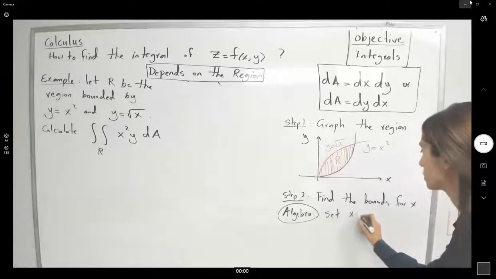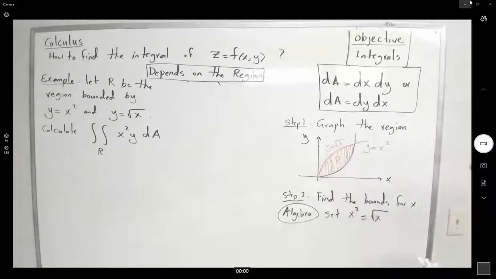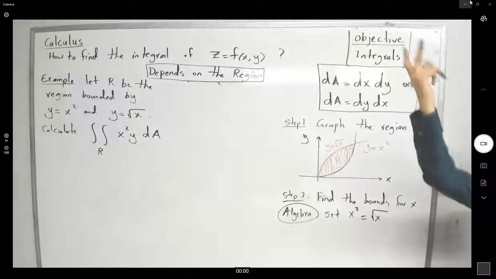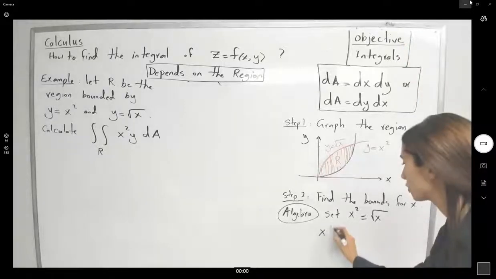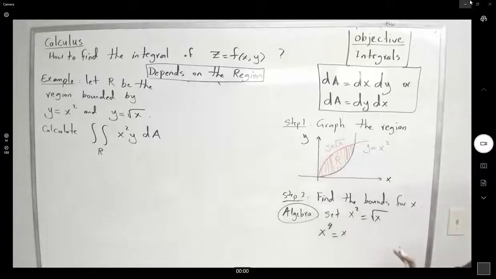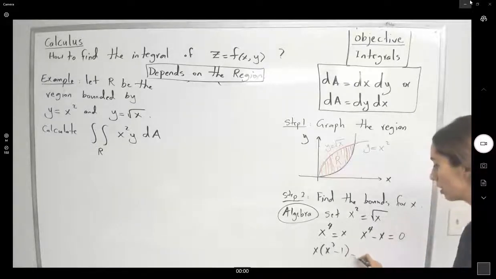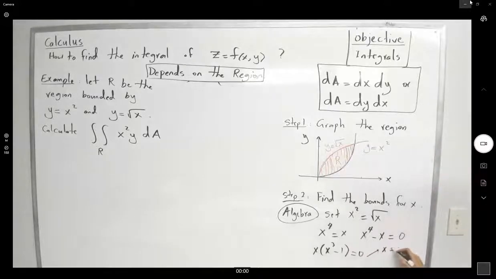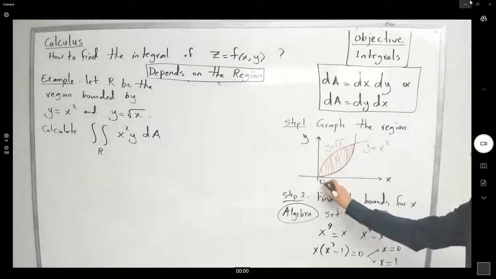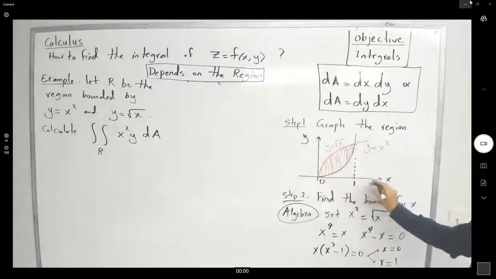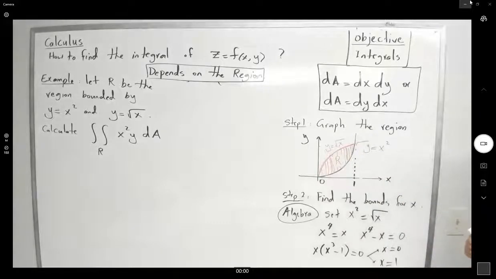Set x squared equal to square root of x. Raise both sides to the second power. You get x to the fourth equals x. Bring x to the other side: x to the fourth minus x equals 0. If you factor out x, you get x cubed minus 1 equals 0. So x is 0 and x is 1. x is bounded between 0 and 1. Okay, I'm happy. I found the boundaries for my x.